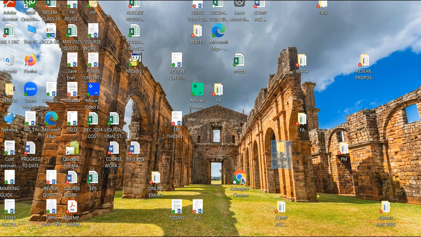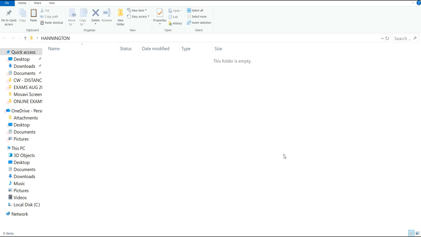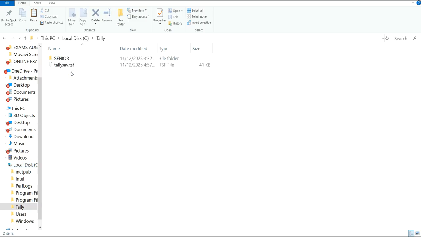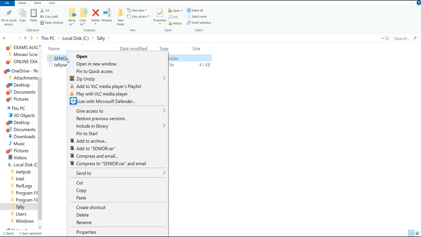So where do we find the work? I told you that as we were creating our company on the directory, we said that we are going to find our work in the local disk in the folder of tally. So this work is here in this folder. What you'll do, you will copy this folder.